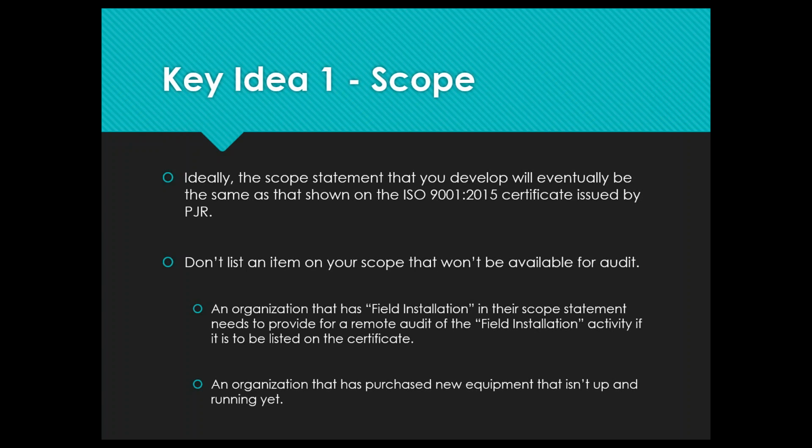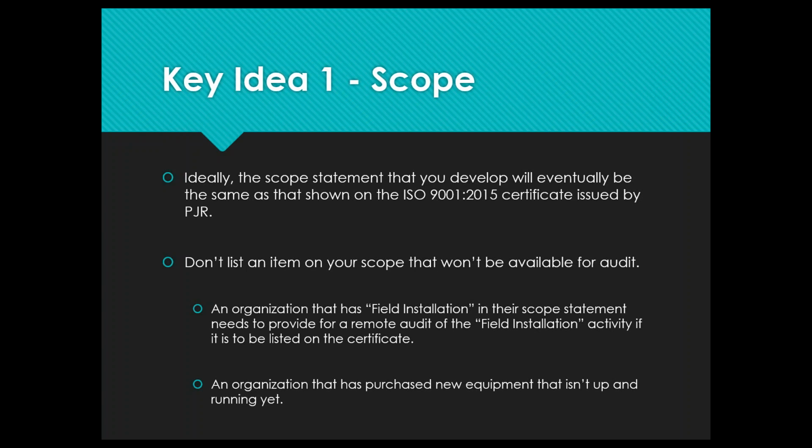Now, ideally, the scope statement that you develop will eventually be the same as that shown on the certificate that you get from PJR. But a word of caution, when you're developing your scope, do not list an item on your scope that won't be available for audit.